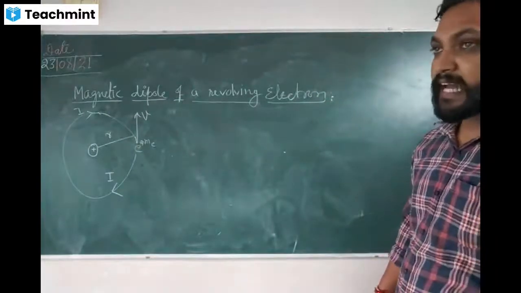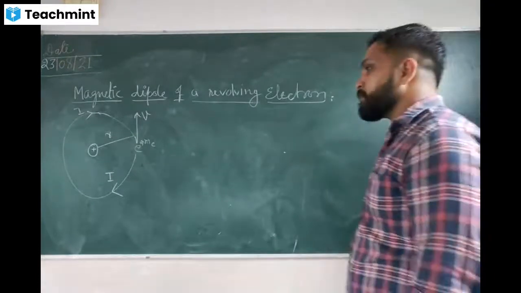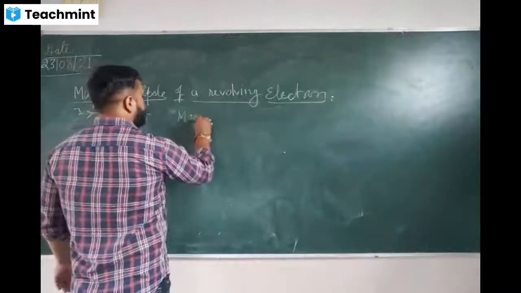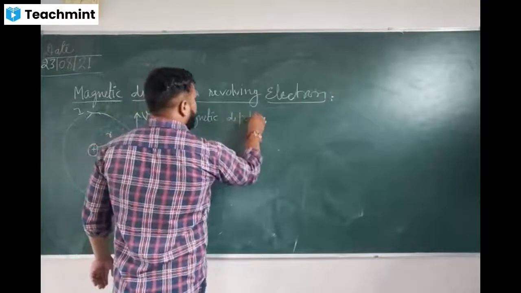And if we have a current carrying circular loop, it will behave as a magnet. So what is the formula of magnetic dipole moment of a current carrying wire?